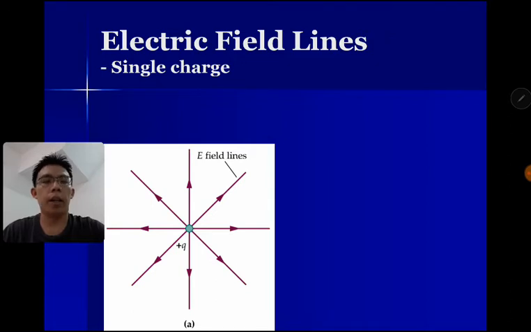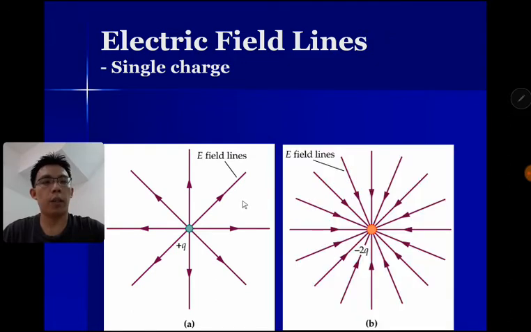If you look at the second one here, this is a charge of magnitude 2q, which is 2 times greater than the case of A. So you can see more field lines, and more field lines means it's denser, indicating that the field at any region around it must be stronger than in case A. That makes sense because it has 2 times the charge.